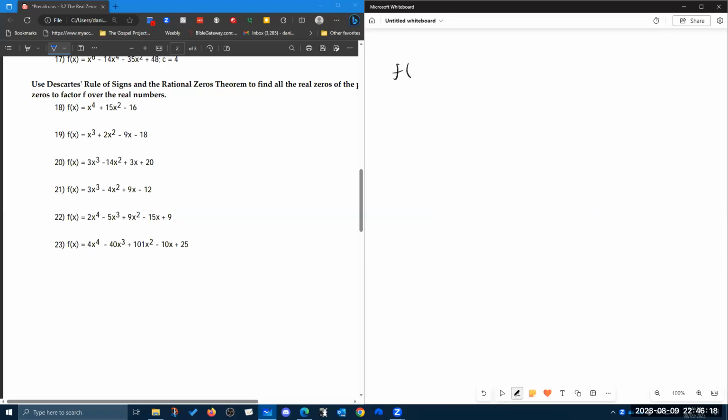Now let's try f of x equal to 3x to the third plus 14x squared plus 3x plus 20. Descartes' rule of signs. 2 sign changes.